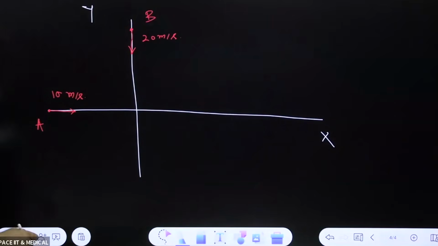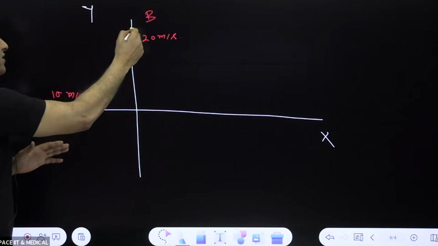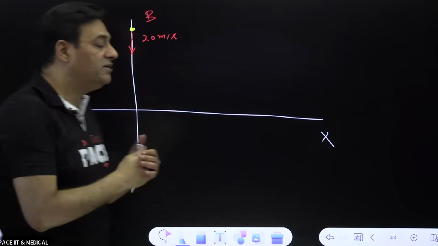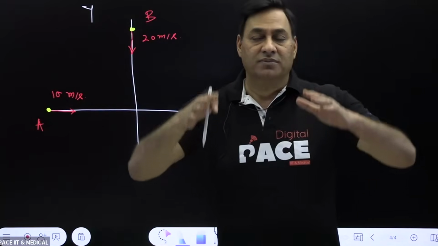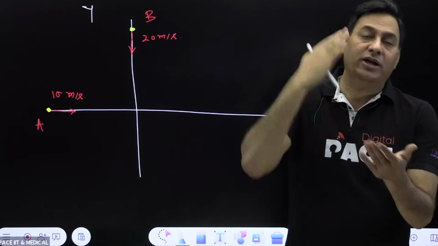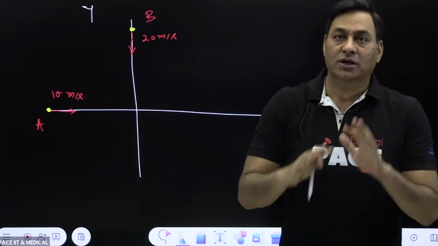See this. If we are observing the motion, we find B also moving, we find A also moving. But if we start observing the motion from the brain of B or A, if we assume A to be the observer, what will A feel about himself? What will be the velocity of A as observed by A? It will be 0.